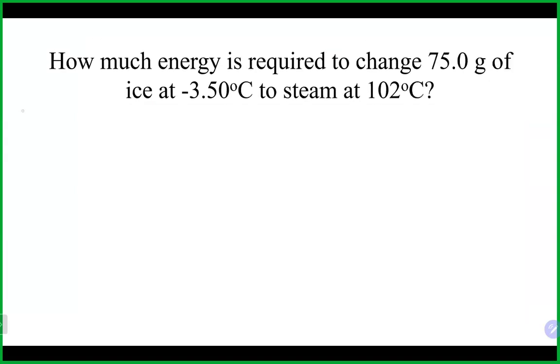The very first step of our process would be to take our ice at minus 3.5 degrees Celsius to 0 degrees Celsius ice. So that is going to be ice all the way through, which means it stays solid all the way through. So we would use our specific heat equation in this case.